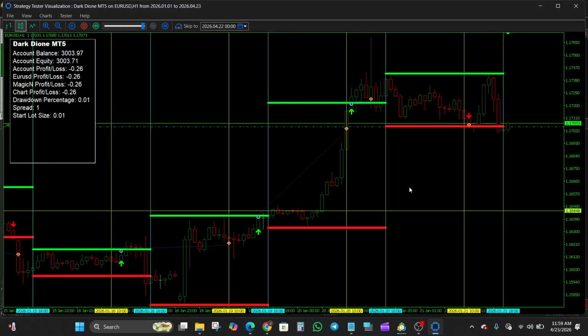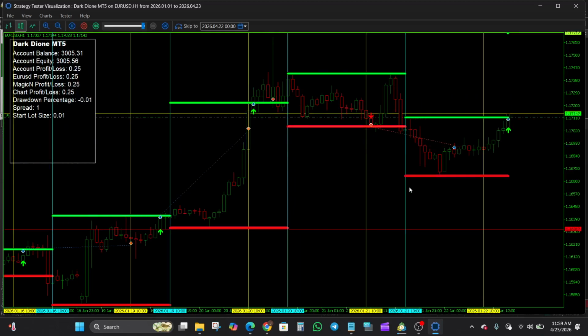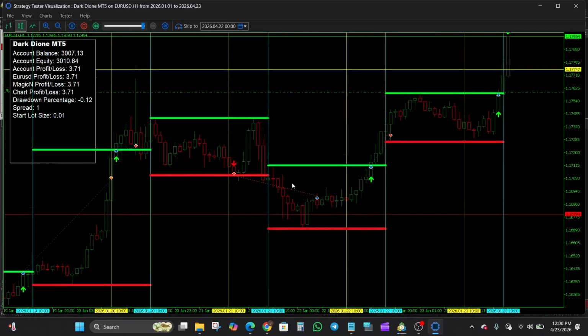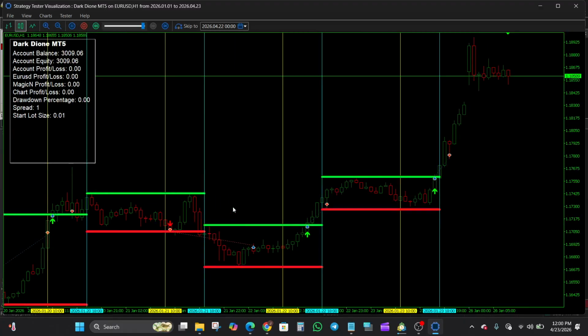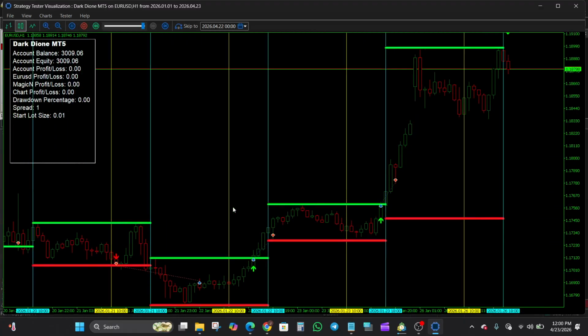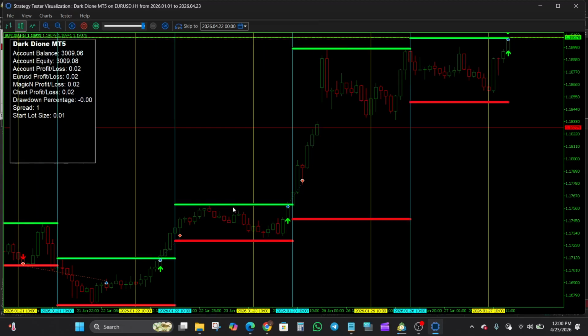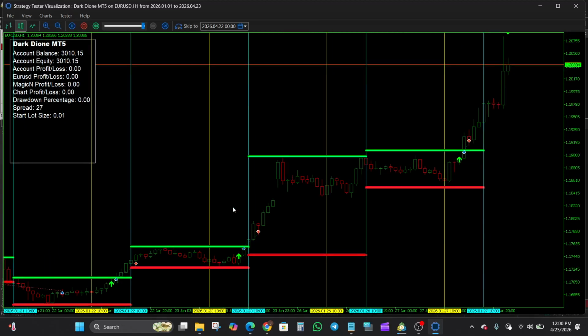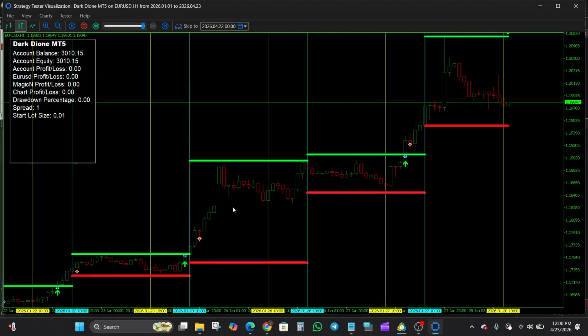So this is where breakout strategies typically struggle. From what we are seeing, the best conditions are strong breakout environments with clear directional momentum, and the worst conditions are ranging markets with false breakouts and low follow through.